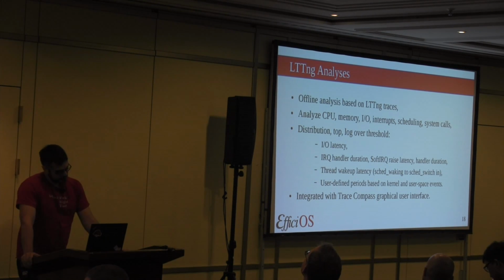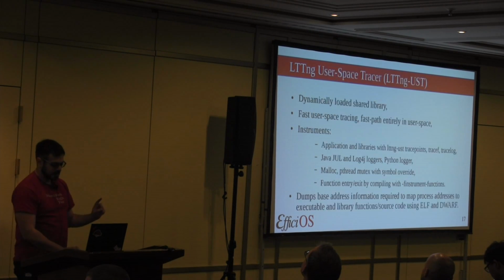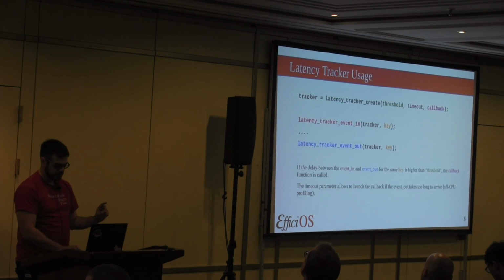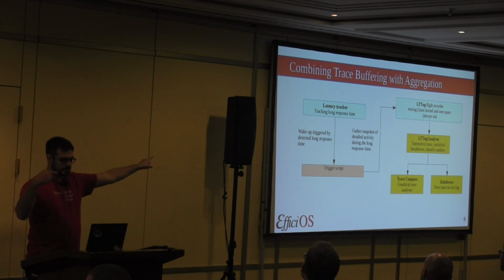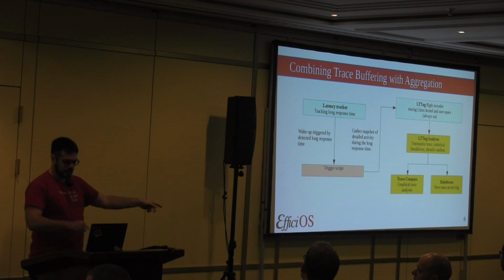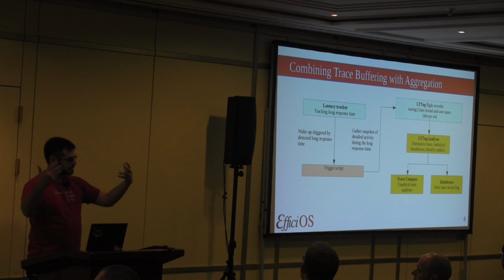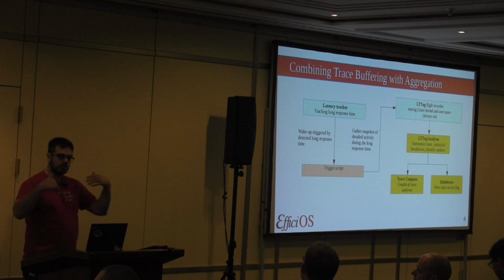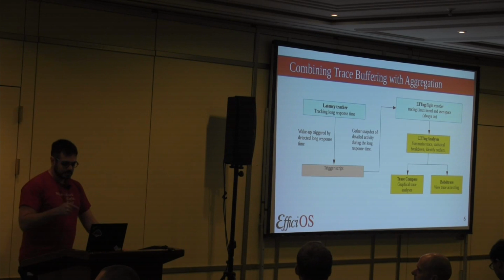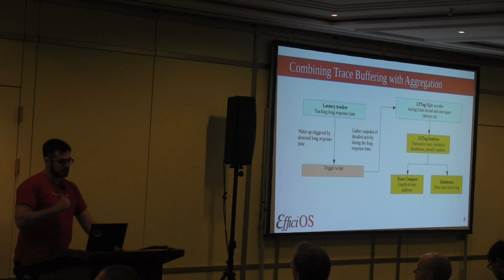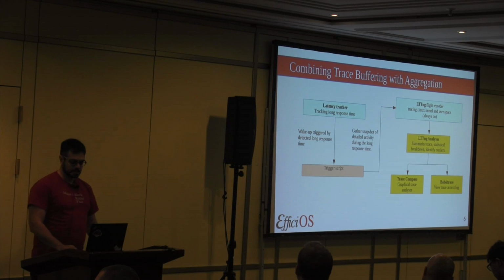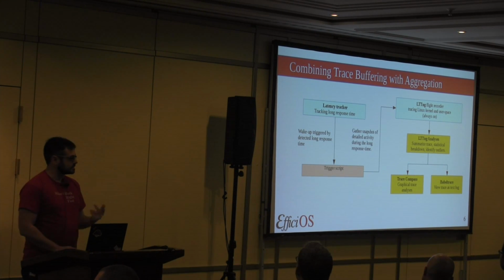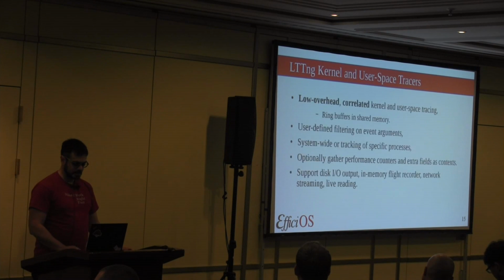So, another project, LTTng analyses. So going back to this, I talked about the latency tracker, which will track long latency online and trigger a script. I talked about LTTng, which records events into a flight recorder, always overwriting the oldest information. And then once the snapshot is taken, it really identifies an area of events that were of interest and led to the problematic scenario, then we can use LTTng analyses on this snapshot.